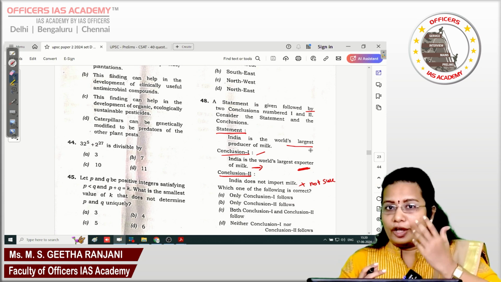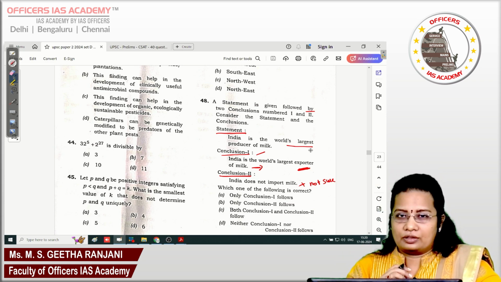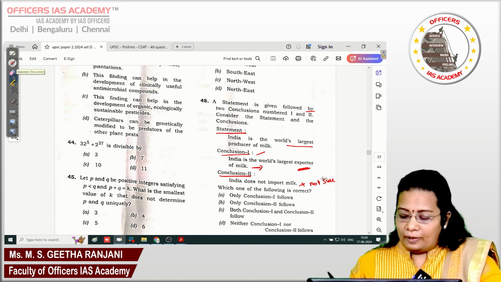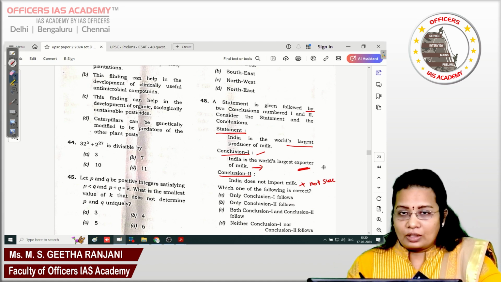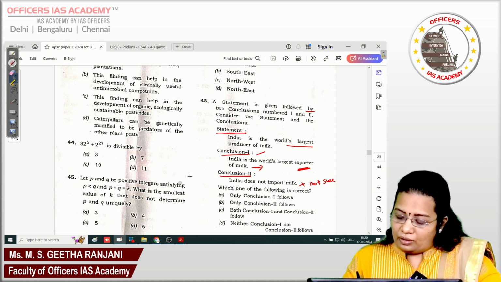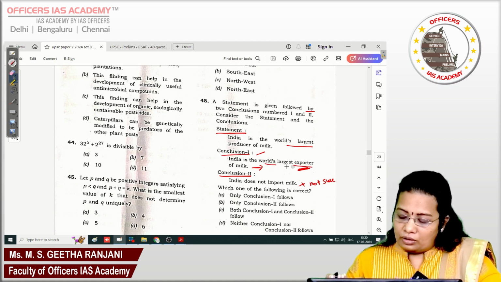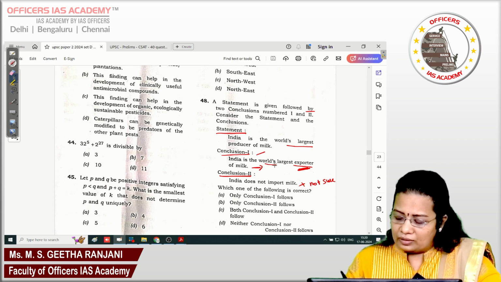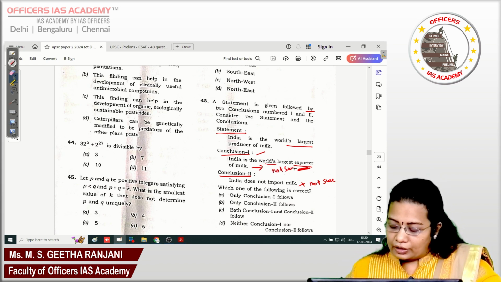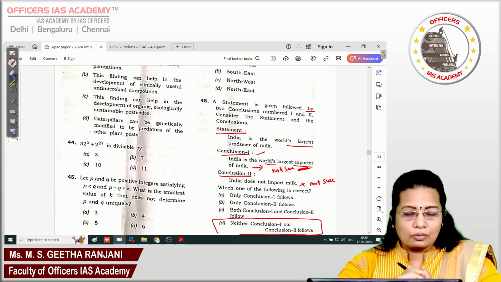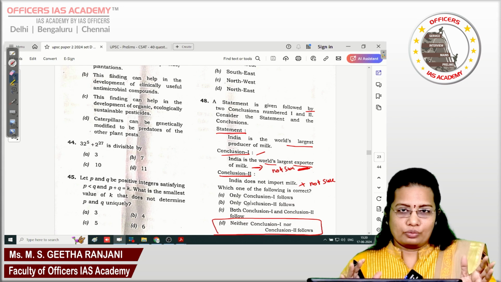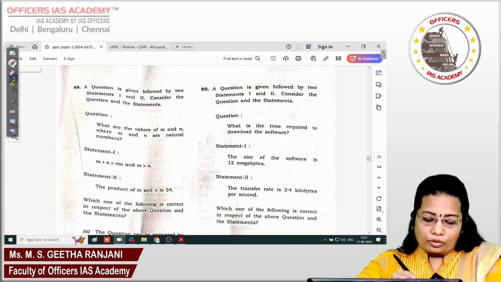Sometimes we need to import milk from some other countries under some circumstances. So this cannot be taken as 100% true. What about conclusion number 1? We cannot say that India is the largest exporter of milk. It is not sure. Both are not sure. We want to choose neither conclusion 1 nor conclusion 2 follows. We mark a conclusion only if it is 100% true, right? Okay, fine. Question number 49.